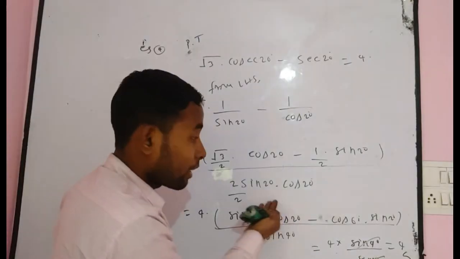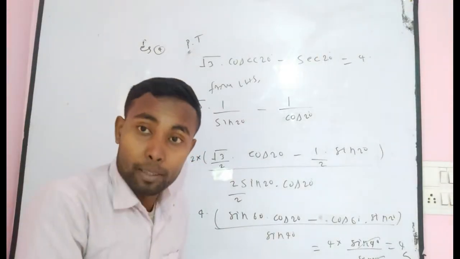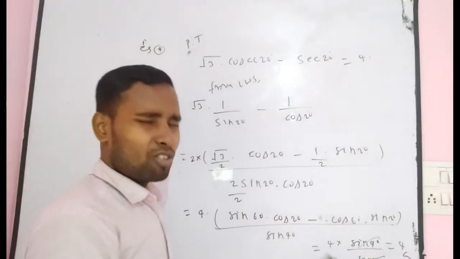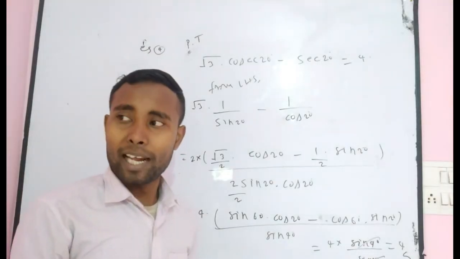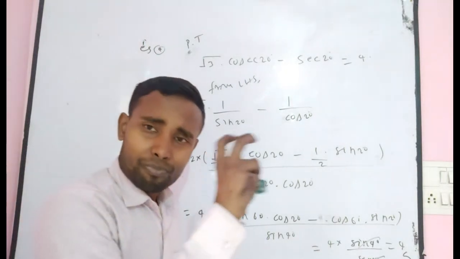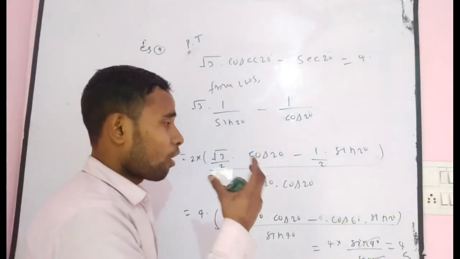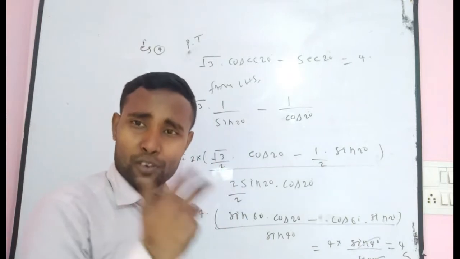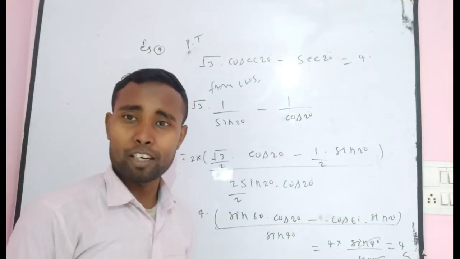And in the denominator, 2 sin 20 into cos 20 becomes sin 40. So this is your simple clue. I think if you solve a lot of problems, automatically you get this kind of idea or clue.